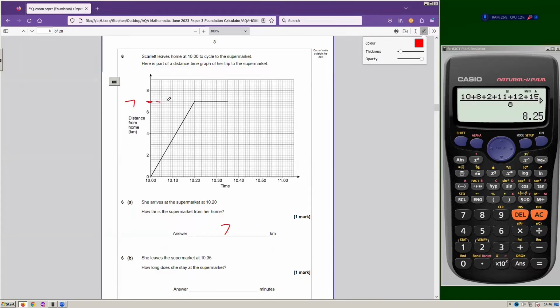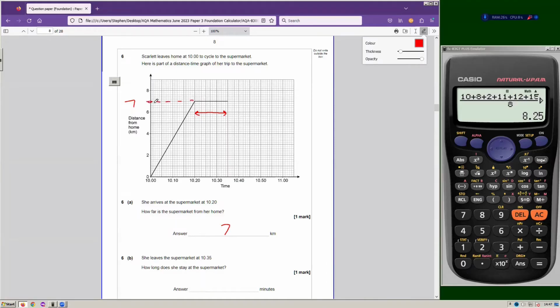I always like to show a nice little dotted line. She leaves the supermarket 10:35. How long does she stay at the supermarket? Well, this is the length of time. And we know that's when she's staying there because she's not going anywhere.